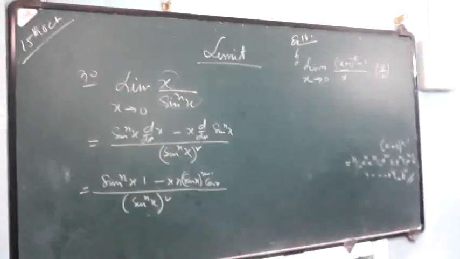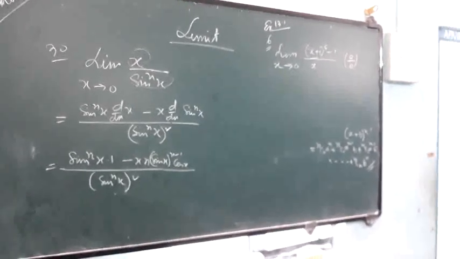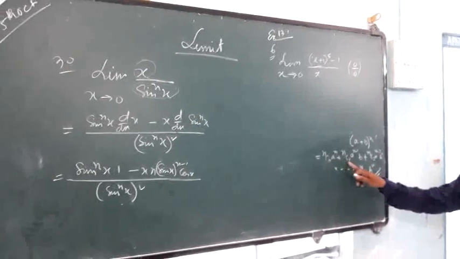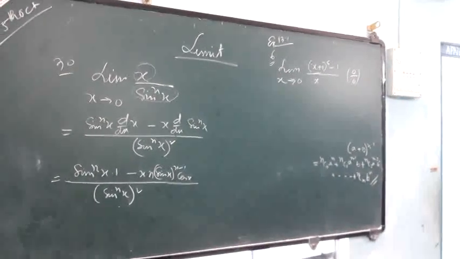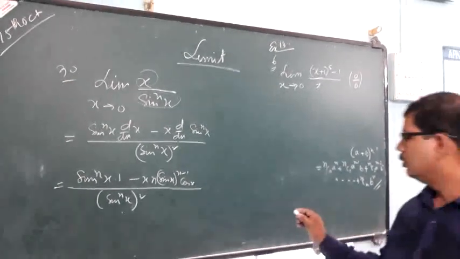This is that formula. But breaking for general n may create problems, so we will use Pascal's rule.